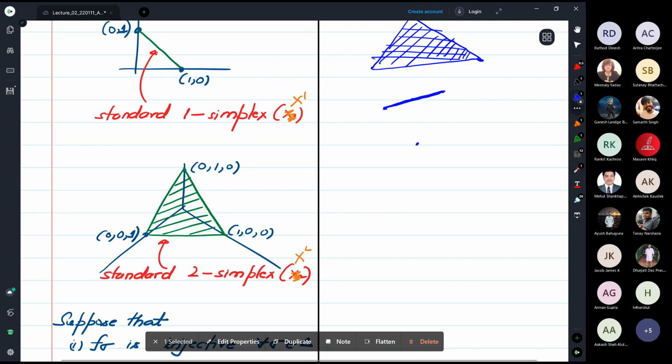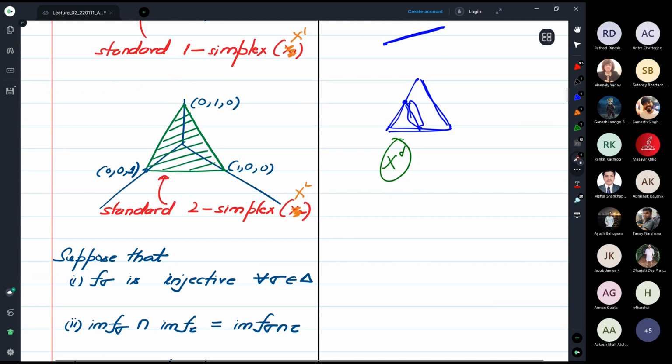I hope you agree that the convex hull is not just the boundary, because if I take 2 points over here and connect them, this portion will not lie within this set. So that's the reason you have to take this entire shaded region over here, and together this will form the standard 2 simplex. Is this okay? So I hope it is clear what xd in general means. Is this okay?